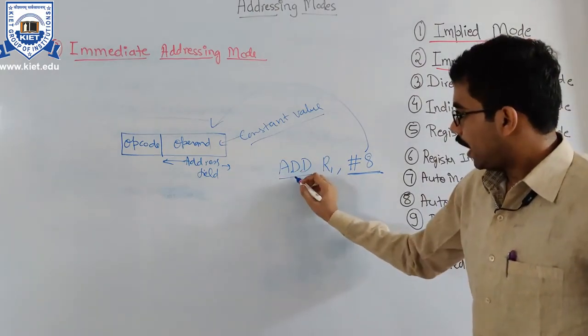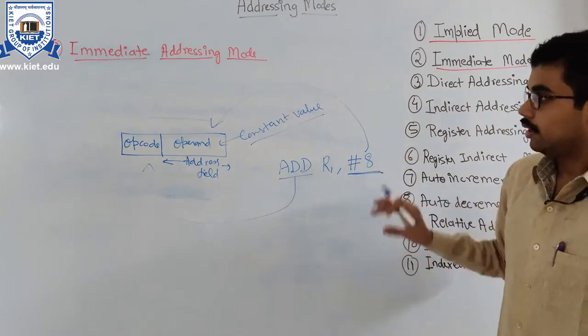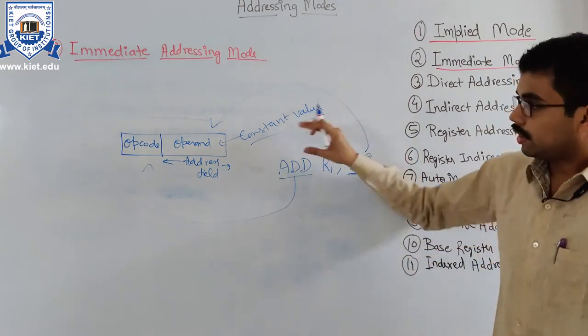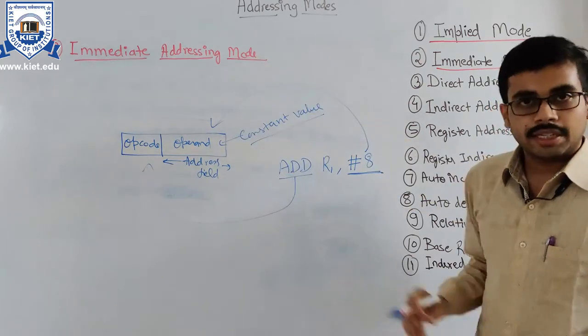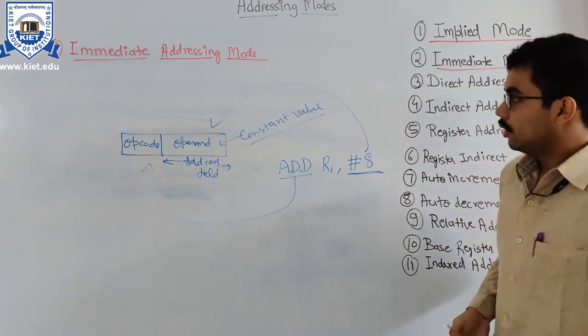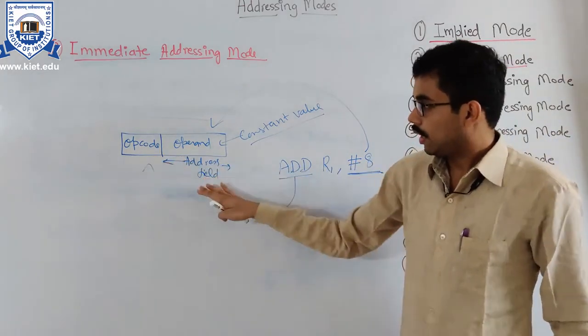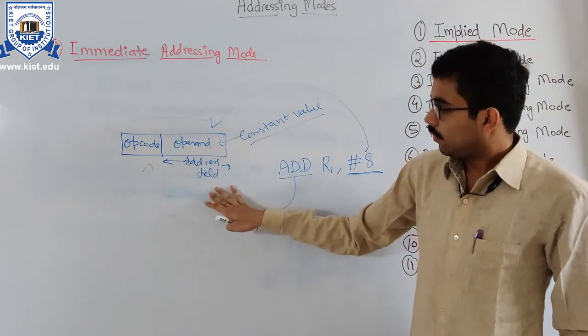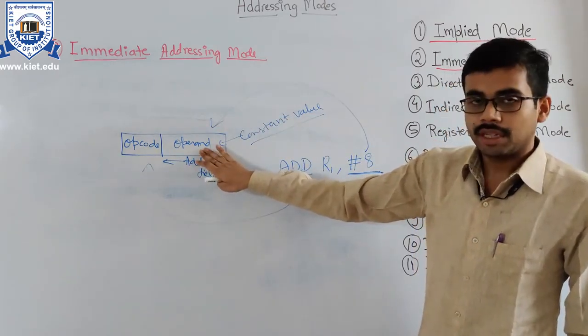The code of add will be the opcode. In this way we can use a constant value directly as operand in an instruction in immediate addressing mode. So there are two fields, opcode and address field, and in the address field in immediate mode there will be the operand directly, which is a constant.